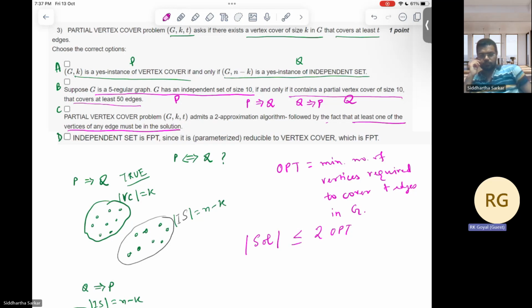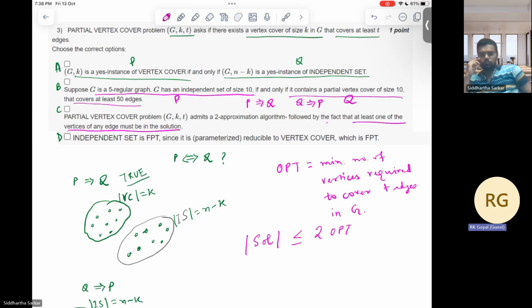If we are considering at least one of the vertices of any edge, then that clearly shows that we are computing the largest possible vertex cover here.